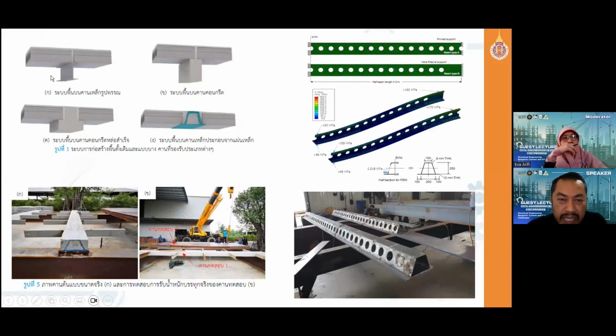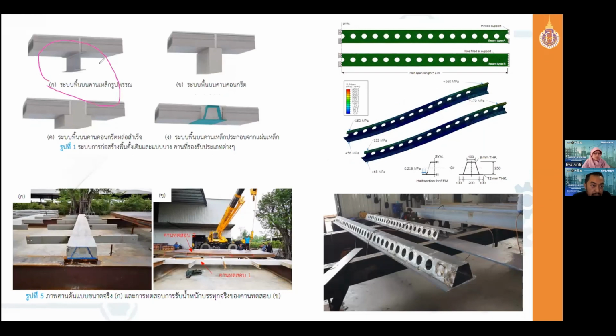As you can see there, this is conventional. We have precast slab sitting on the steel beam, and here we have the inverse T-beam, and we have the precast unit slab there. So this choice is not really good.